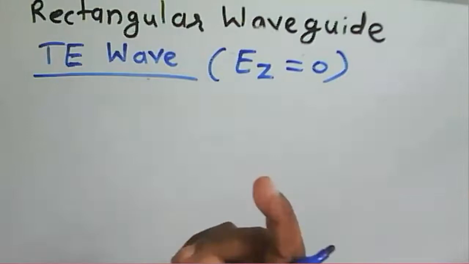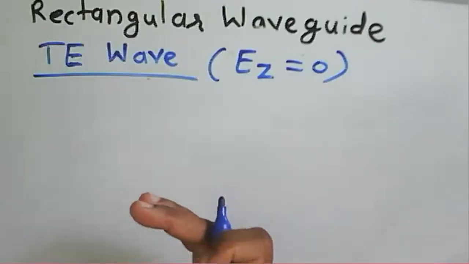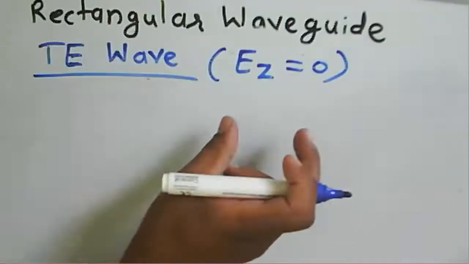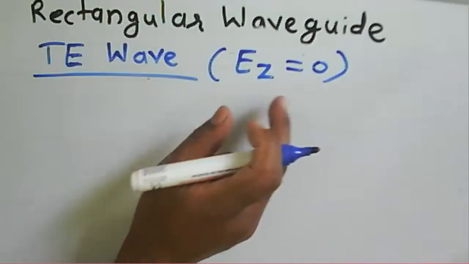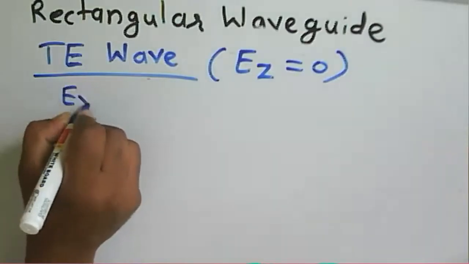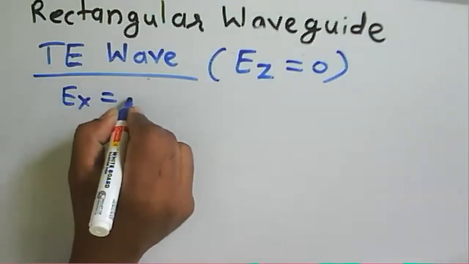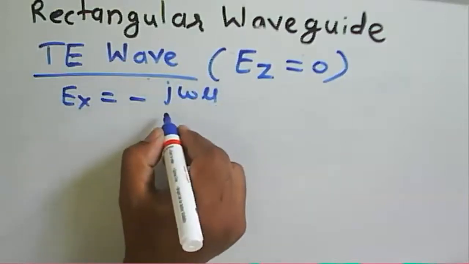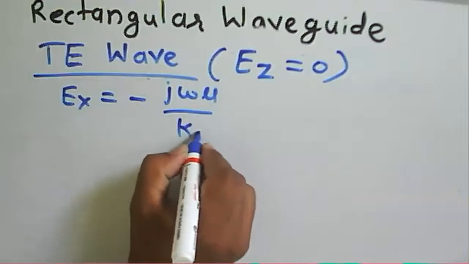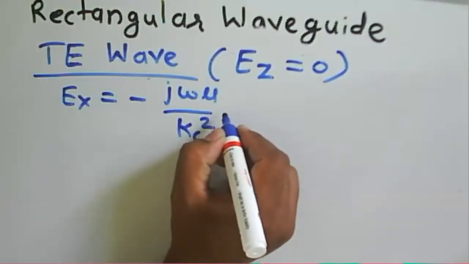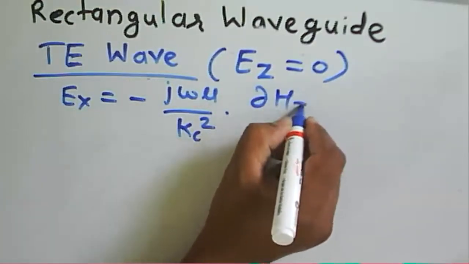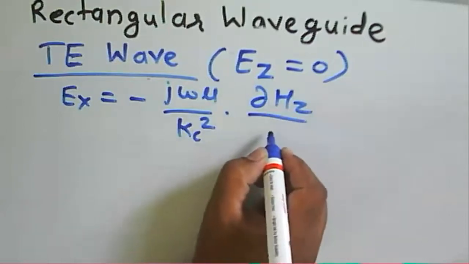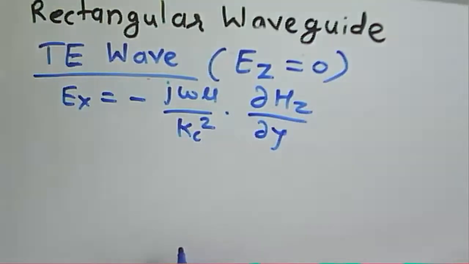Then from those equations of Ex, Ey, Hx, Hy, if you put Ez equal to 0, we get Ex equal to minus j omega mu by Kc square dou Hz by dou y.